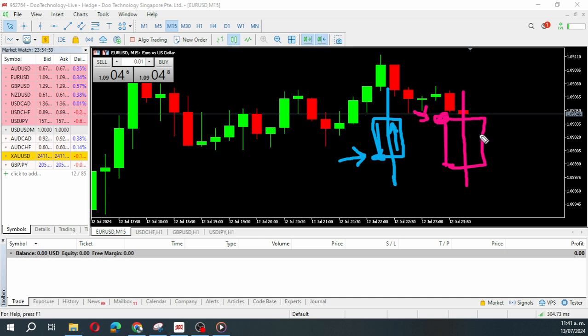Because the price closed below the open price. And in a bar up candle, the price closed in the superior area. So that's a very important difference that we have to know, right?